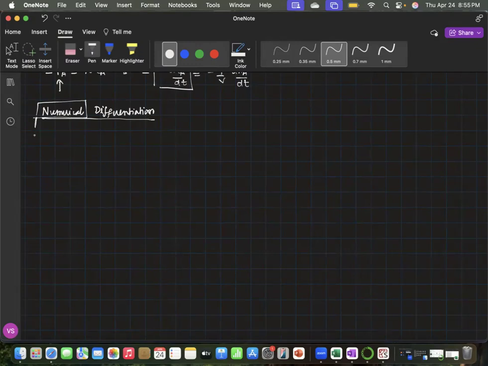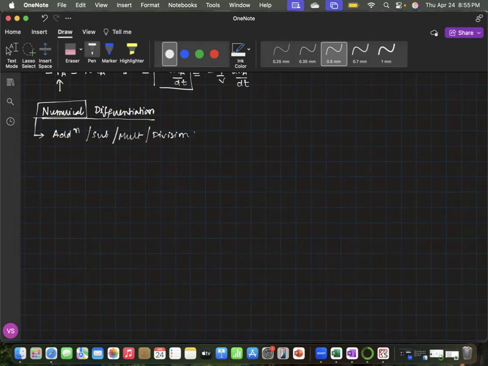Numerically means using just addition, subtraction, multiplication, or division. It's only these operations, or of course other exponents, sinusoids, etc. But basically, I want to carry out only these operations in order to solve any problem.